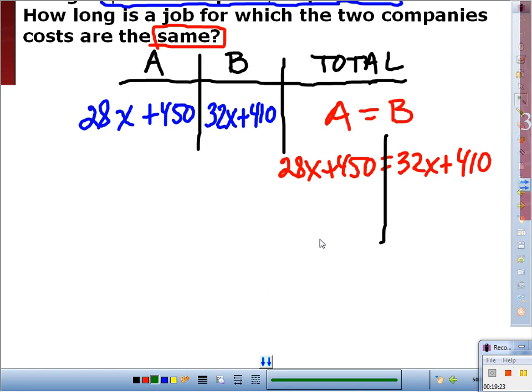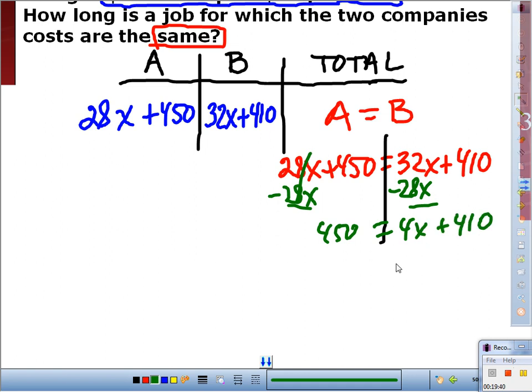Okay, Andrew, help me from there. What do I do? Subtract 28x, subtract 28x. That is correct. We get 450 equals 4x plus 410. Continue, Enrique.